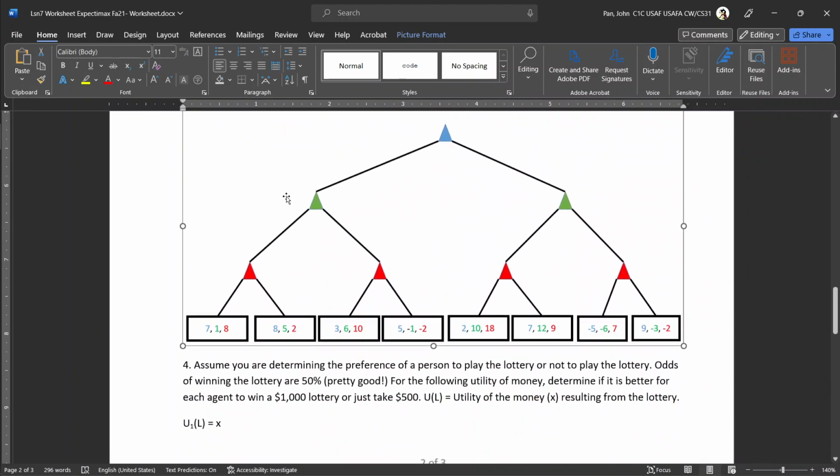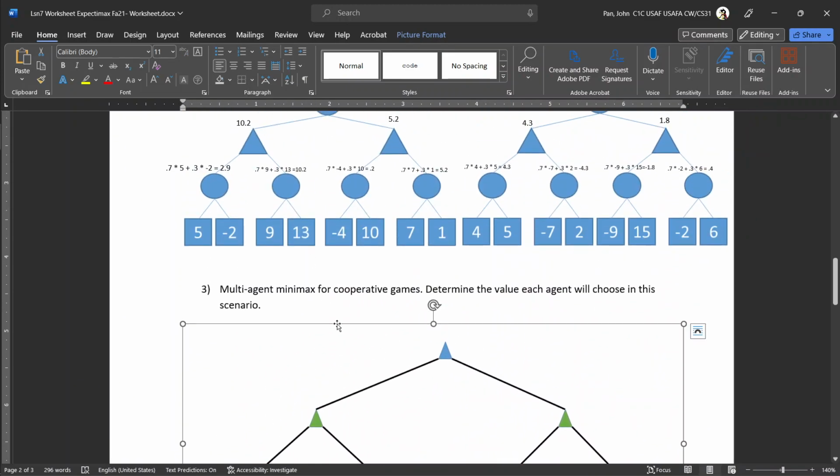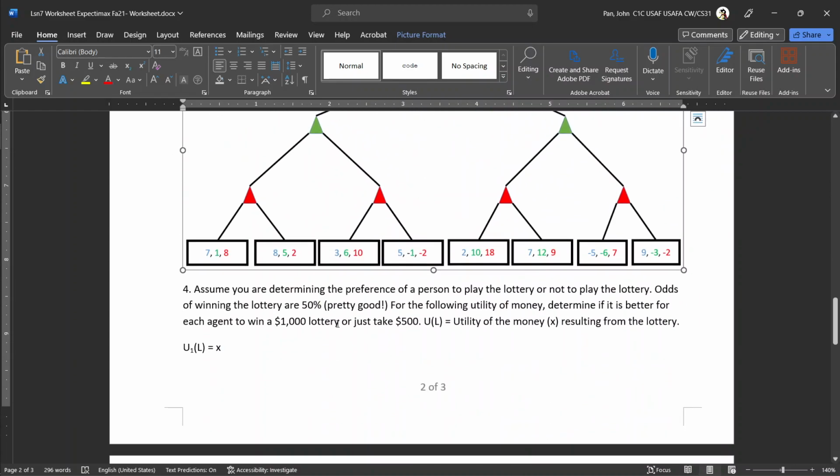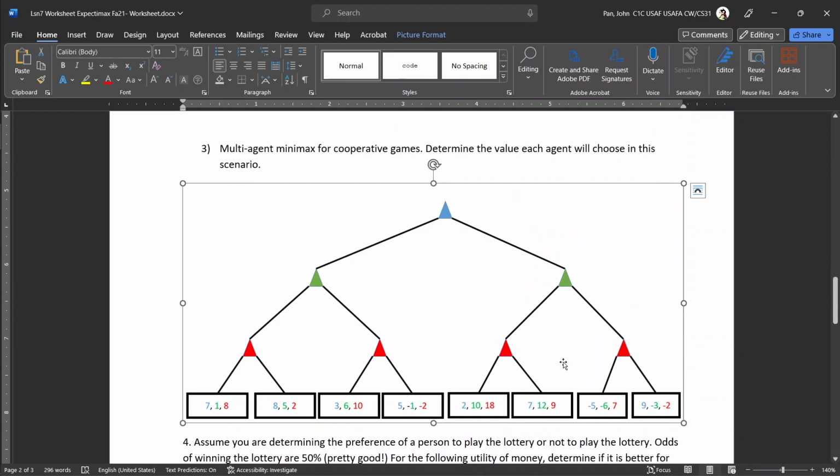All right, problem 3. Multi-agent minimax for cooperative games. So in this case, we have color-coded nodes. Blue will try to maximize blue. Green will try to maximize green. And red will try to maximize red.